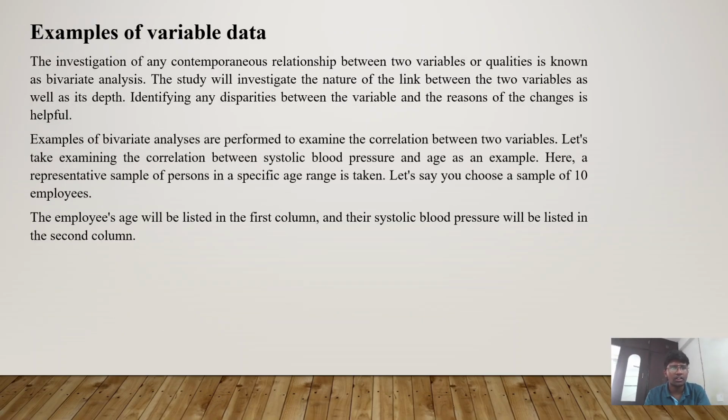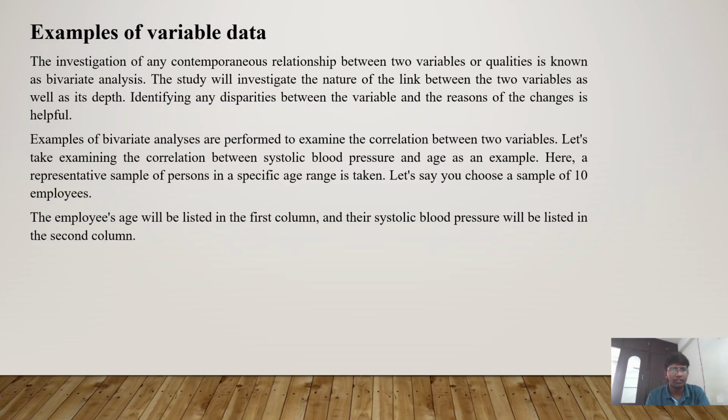Let me discuss an example of bivariate data. The investigation of any relation between two variable quantities is known as bivariate analysis, as I discussed previously. This investigation, linking two variables, also helps in identifying in depth any difference between the variables, and the results are helpful for using bivariate analysis.